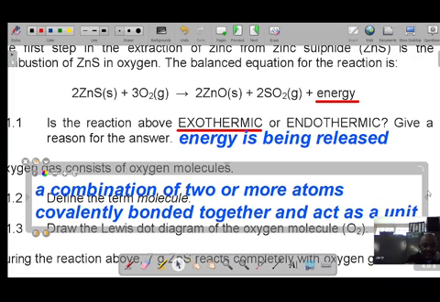Okay, so a molecule is a combination of two or more atoms covalently bonded together and acting as a unit. Okay, let us proceed then.